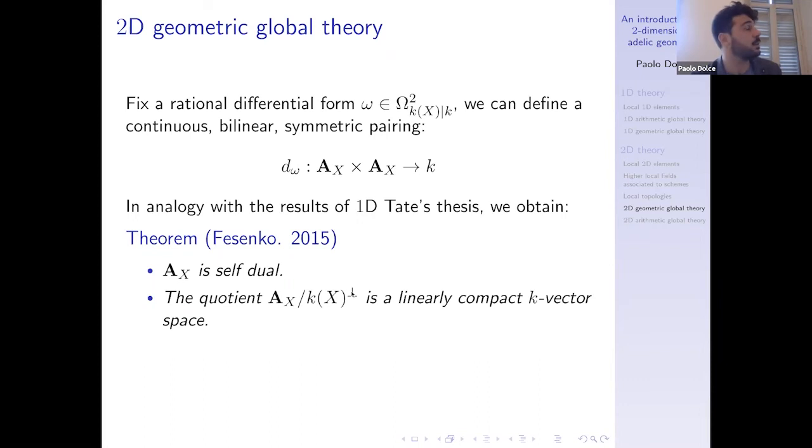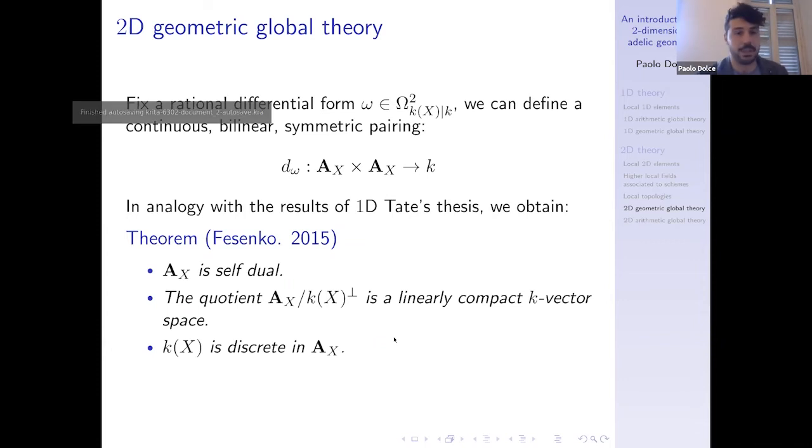So this is why you don't get this orthogonal complement in the one-dimensional theory. And moreover, the function field is discrete in the adeles. So again, you get exactly what you expected in the two-dimensional theory, at least in the topological framework. So this is basically the two-dimensional version of the results I mentioned at the beginning of my talk for algebraic curves. I started with the geometric theory because in dimension 2 it is easier.